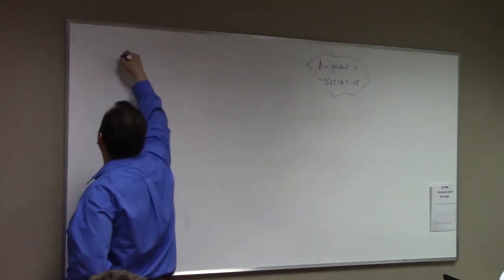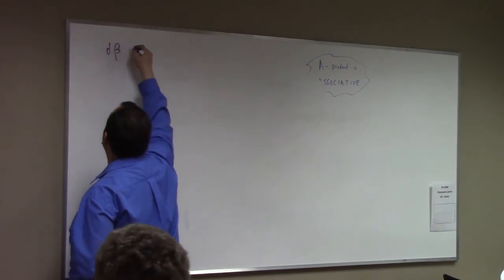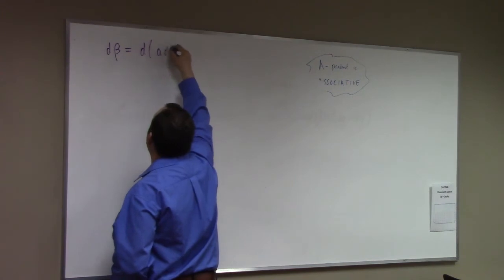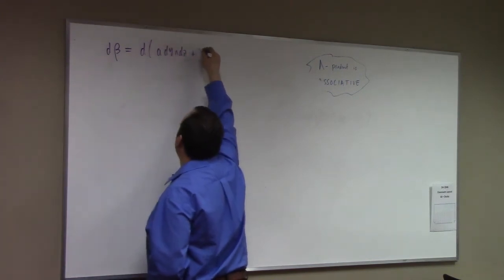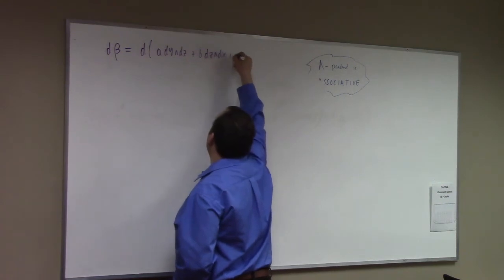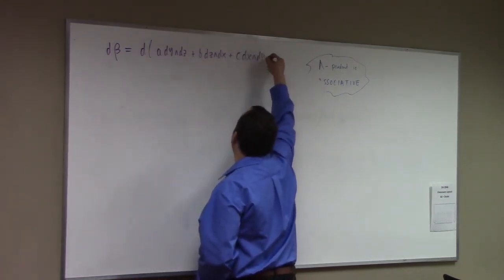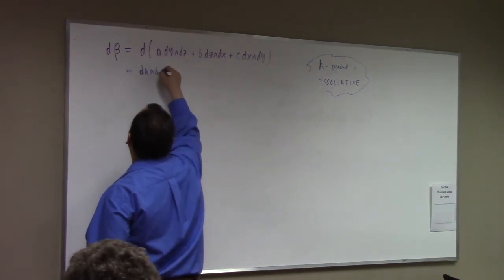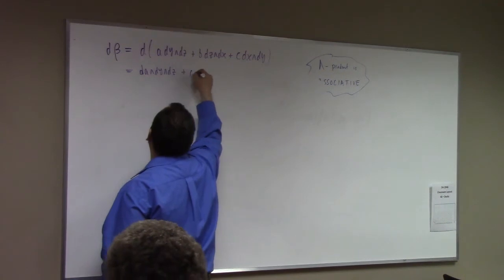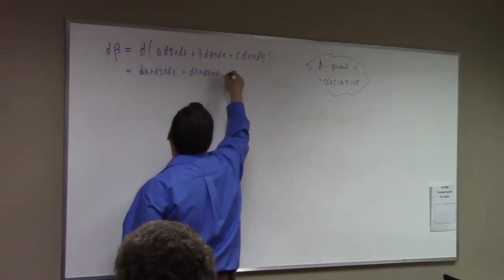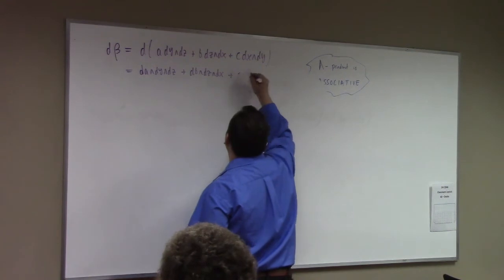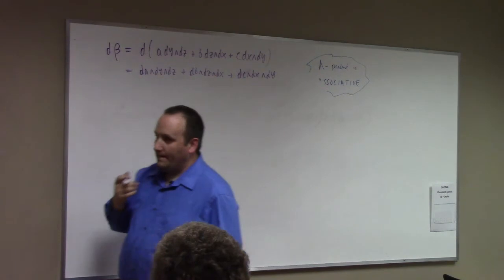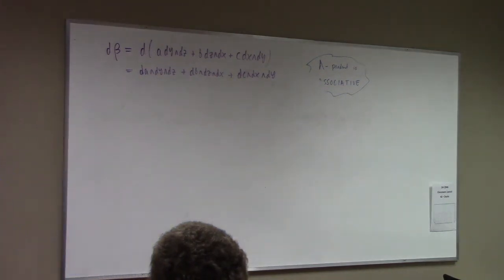If we have a 2-form, and we take the differential of it, say the differential of A dy wedge dz plus B dz wedge dx plus C dx wedge dy, then that would be dA wedge dy wedge dz plus dB wedge dz wedge dx plus dC wedge dx wedge dy, right? And if you think about it, in the differential you'll get what?